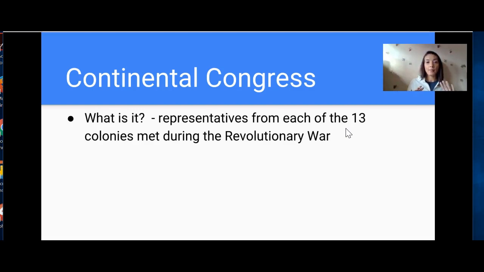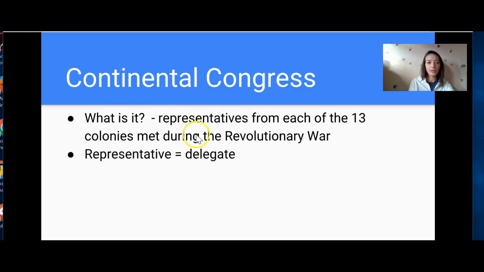So, a bunch of men, they happen to be white men, okay? Women, Native Americans, African Americans, none of those are allowed to be representatives. So white men from each of the 13 colonies met during the Revolutionary War, okay? That's what the Continental Congress is. It's a meeting of men.